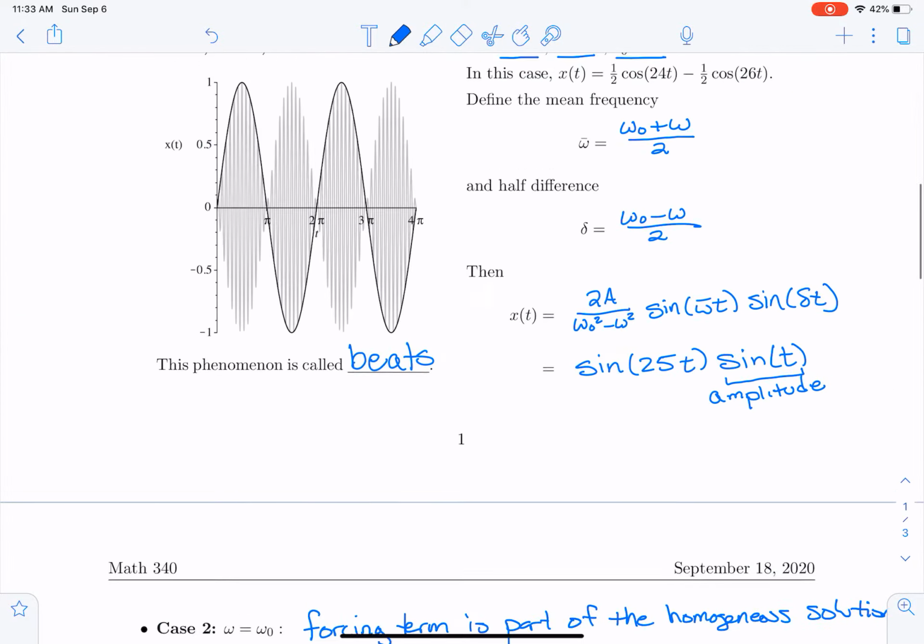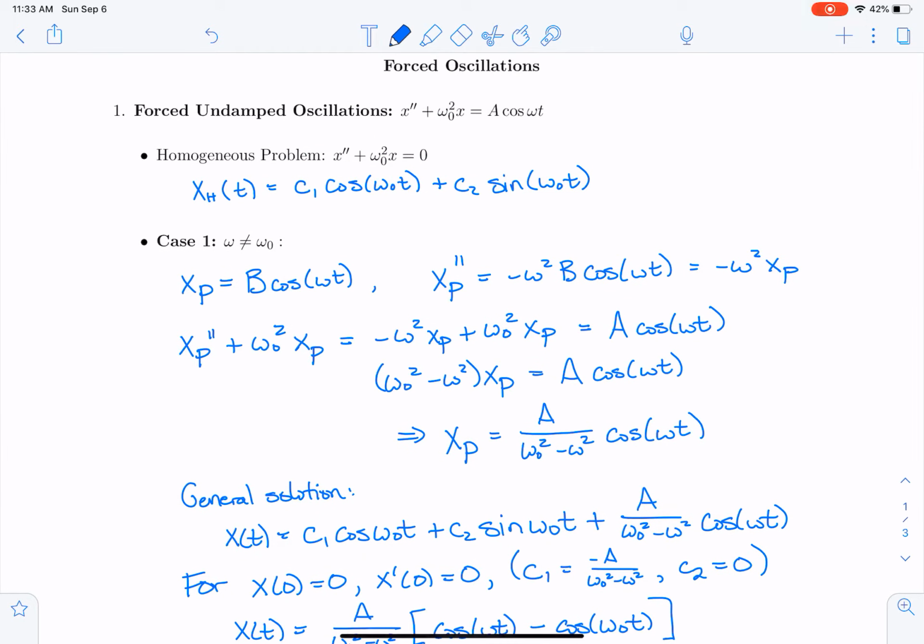So looking back, we have A times cosine omega t, and if omega is equal to omega 0, then we have a C1 cosine omega t, which is part of the homogeneous solution. So the forcing term is part of the homogeneous solution. So I can't guess a multiple of that forcing term because it is already in the homogeneous solution.